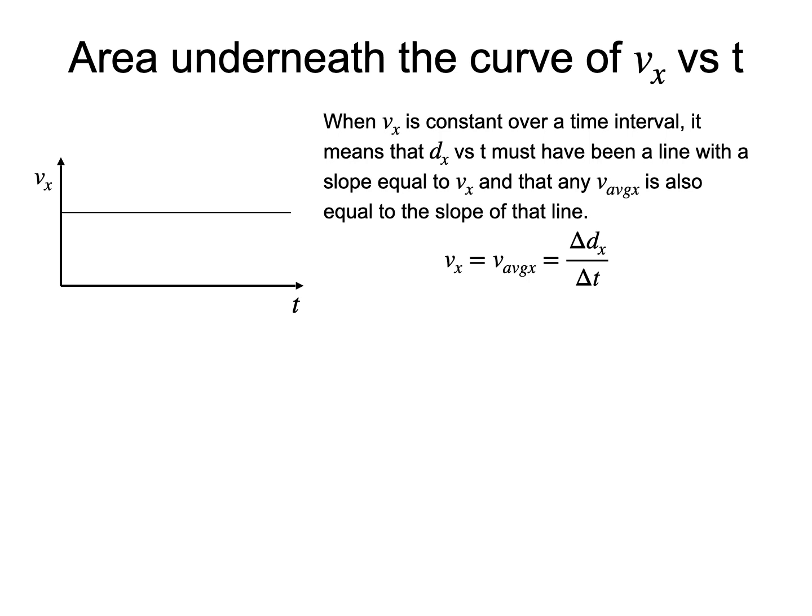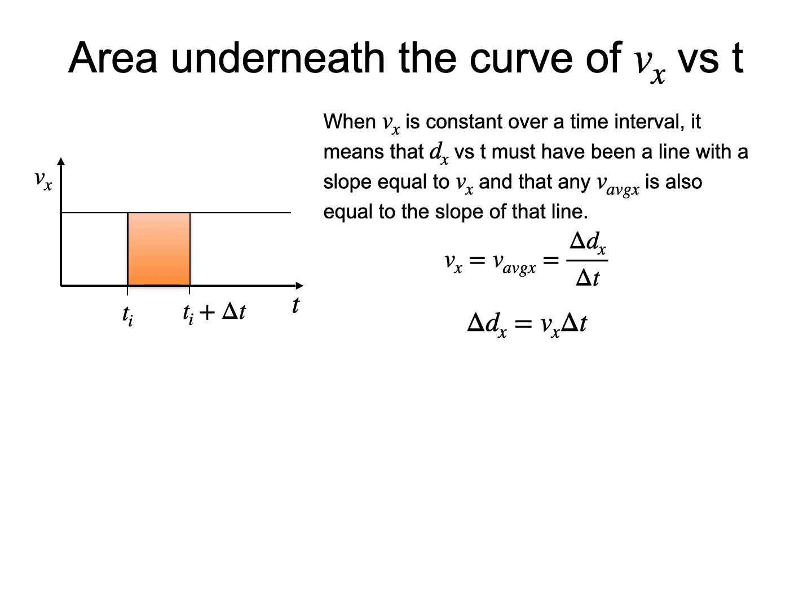Let us rewrite this equation slightly differently and choose a time interval on the graph. We can draw on this graph an orange rectangle bounded by the horizontal t-axis, the vertical lines at ti and at ti plus delta t, and the Vx curve, which here is a horizontal line.